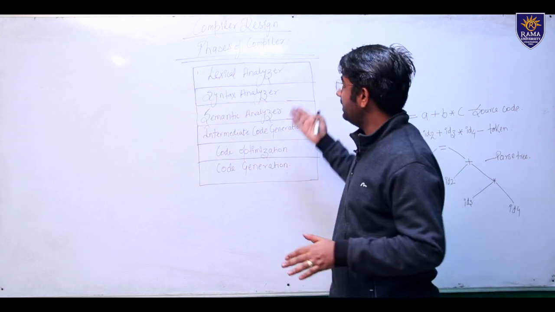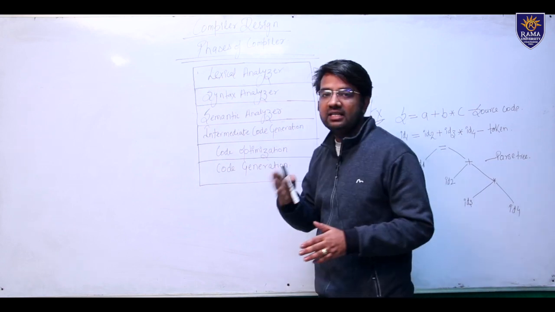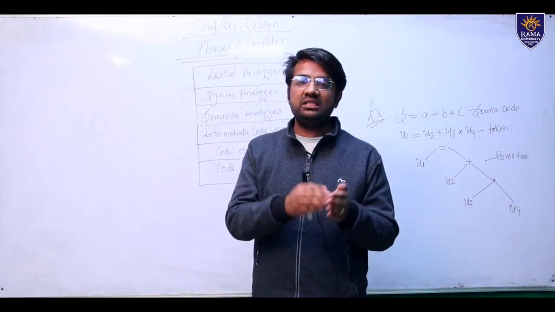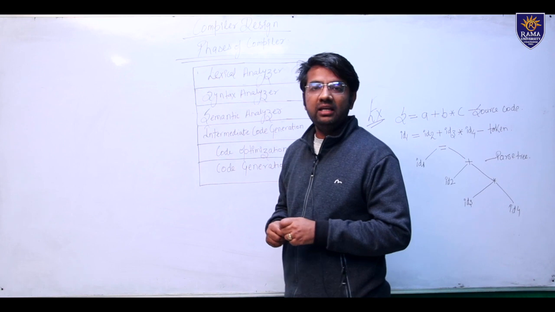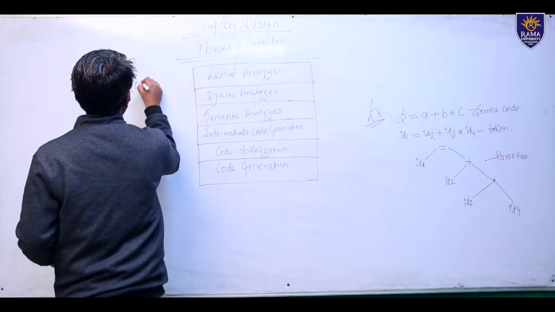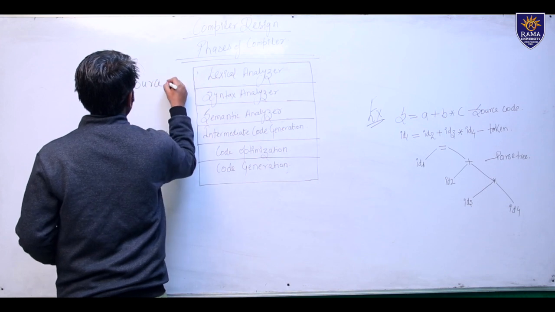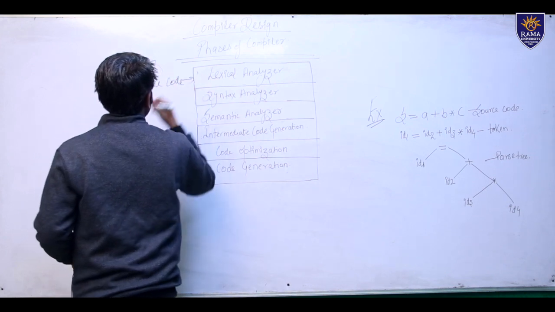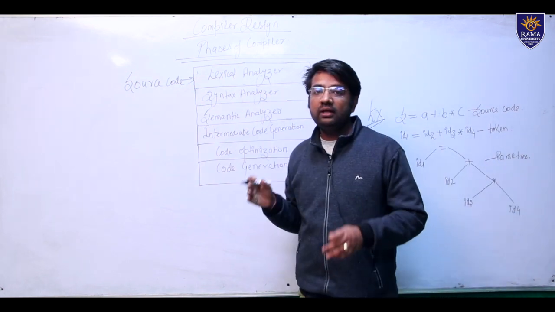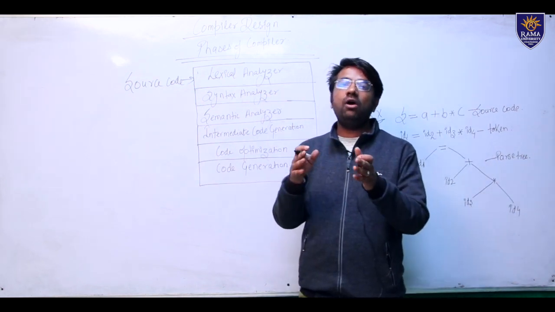Firstly, we are discussing the lexical analyzer. The lexical analyzer is one of the important phases in compiler design in which the source program is taken as an input. Source code is taken as an input and this source code is broken into the form of tokens.